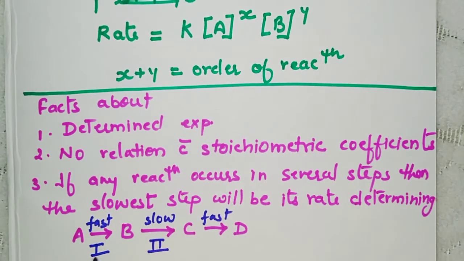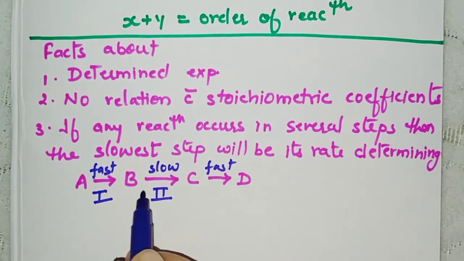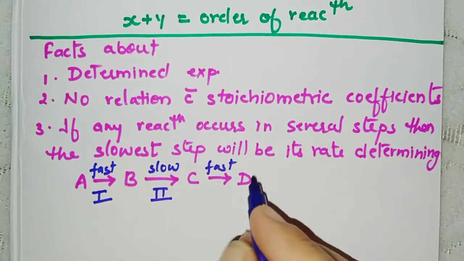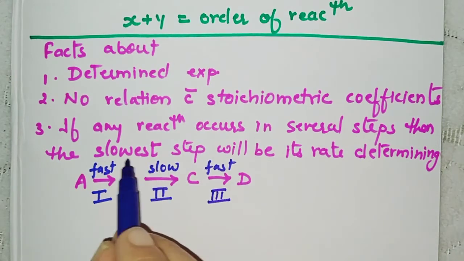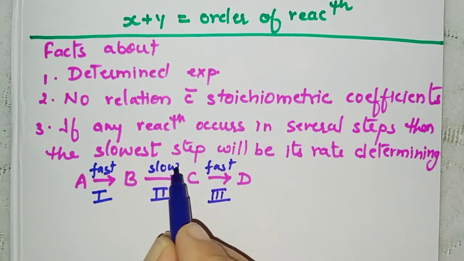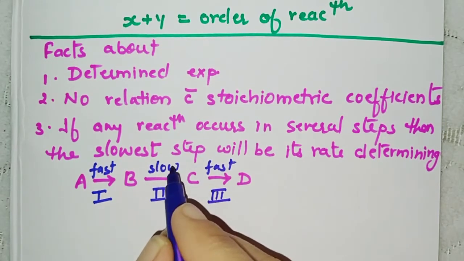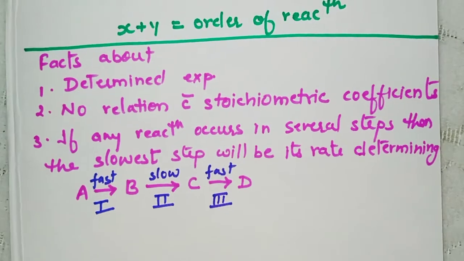The first step is A converting into B, the second step is a slow step in which B is converted into C, and the third step is C converting into D. As I told you, the slowest step is the rate determining step. From this only you will come to know the actual rate. So the slowest will be its rate determining step.